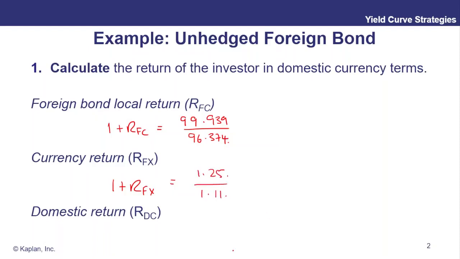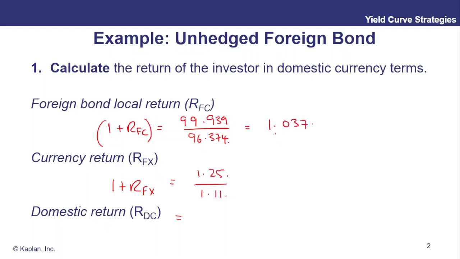Okay. Obviously, you'd subtract ones here if you wanted to get to the actual returns, but why do we subtract ones and then add them back again? Why don't we just say, look, our domestic return is 1 plus the foreign currency return, which is 99.939 divided by 96.374. We've made more dollars, all right, to the tune of, I'll call that 1.037.